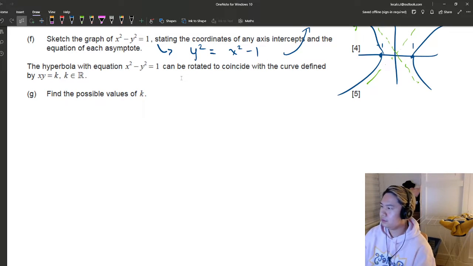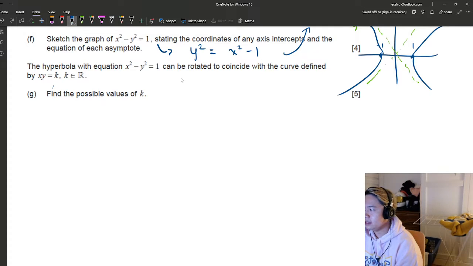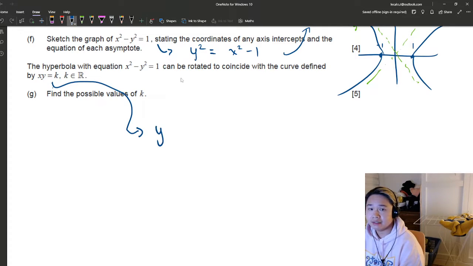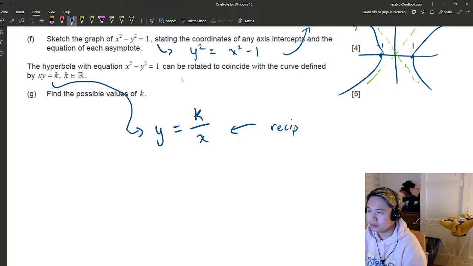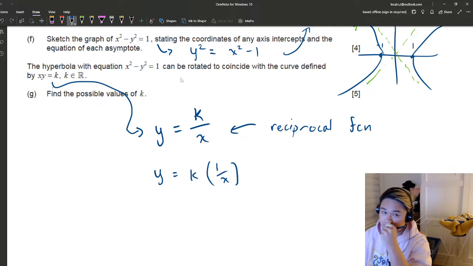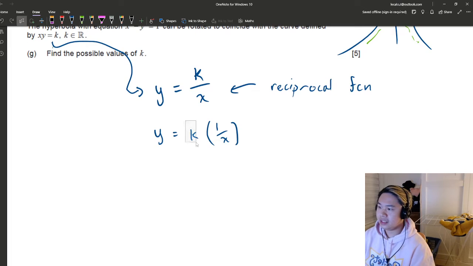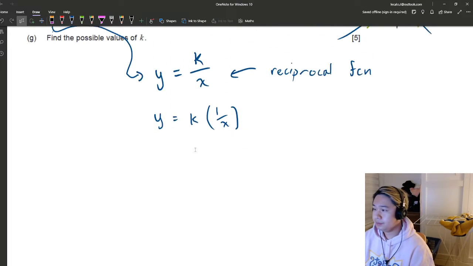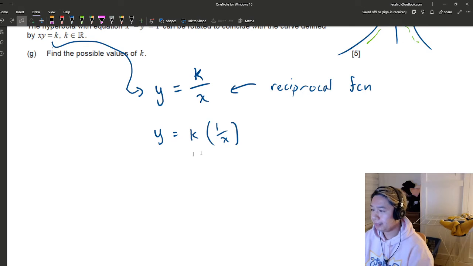First off, if you can't graph this, you can isolate for y. This is pretty straightforward because you should know this from SL content. This is your reciprocal function, just multiplied by a constant.